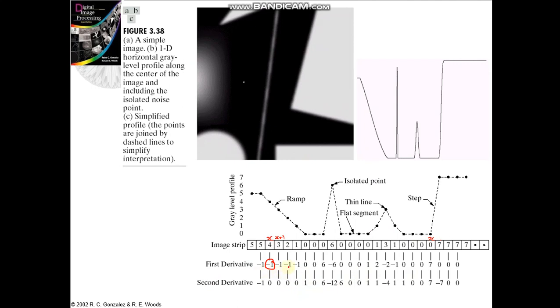We will see one example: minus 1 minus 1, that is 0. Minus 1 minus 1, 0. Okay. So consider this point, minus 6 minus 6, so that is 12.